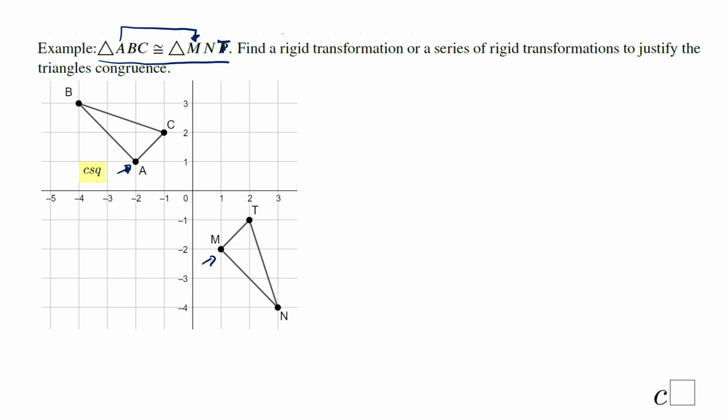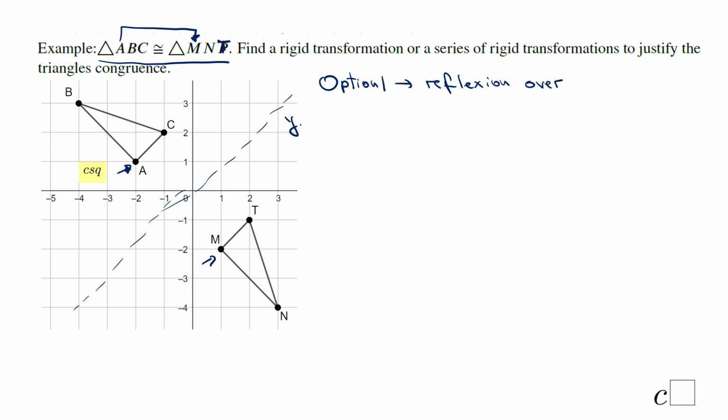And here you can see probably a reflection over this line. If you reflect over this line, right? So option one, I will say here. It is simply one rigid transformation, a reflection over, what is the equation of that line?